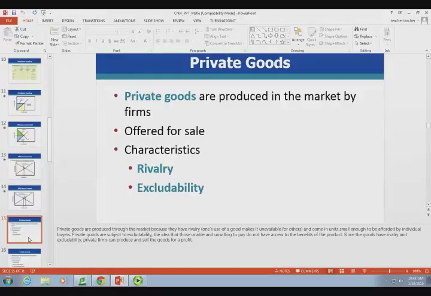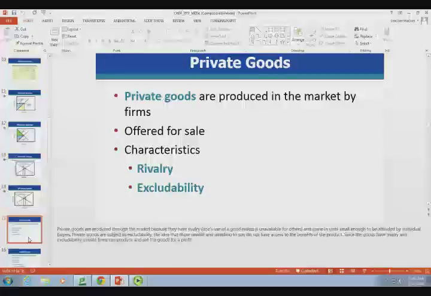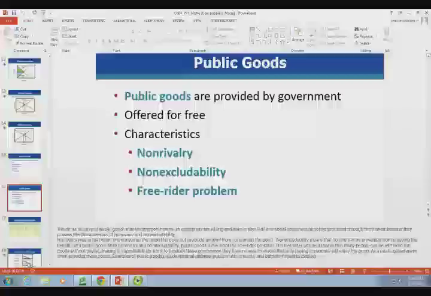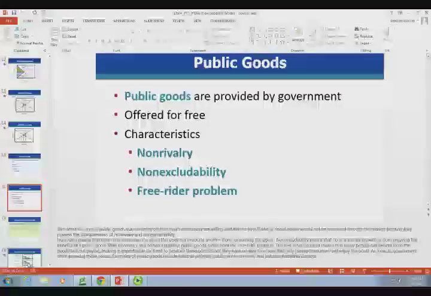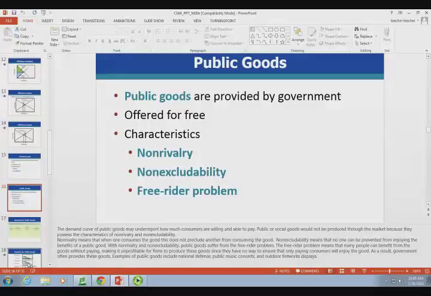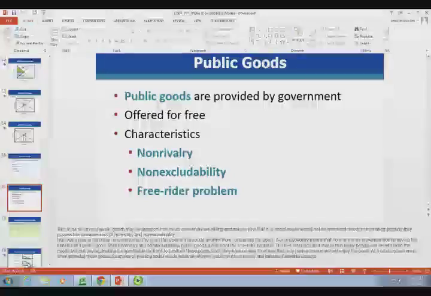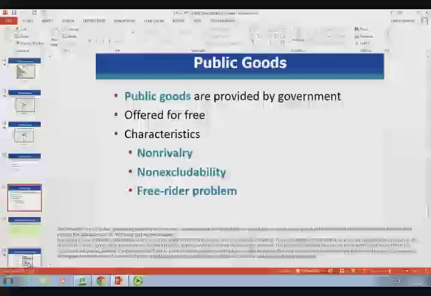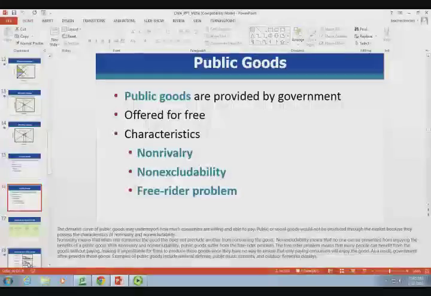Okay? All right. The other side is our public goods, like our public parks. They are basically provided by the government. There's non-rivalry, so I can enjoy the park, you can enjoy the park. There's no excludability. The problem is that there's no cost involved, so it's what we call a free rider problem, because we can't really determine the utils or the value.